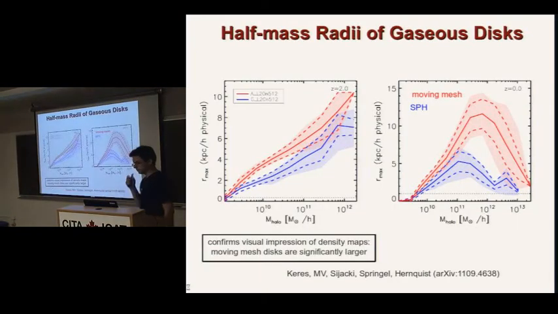Okay, but you can also look at it more quantitatively, not in projections, but in measurements like the half mass radii. So here is the half mass radii as a function of halo mass. In red is shown the moving mesh calculation, in blue is the SPH result. This is at redshift 2 and this is at redshift 0. And you can see essentially the same effect we saw in the images before.